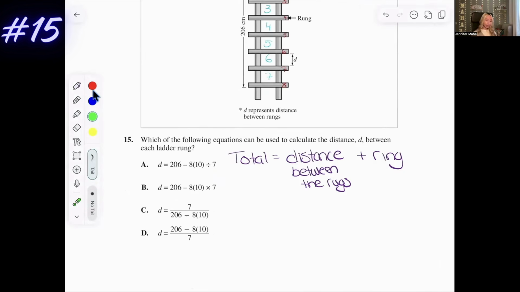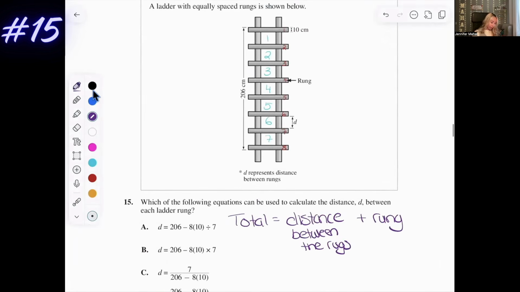So what I did is I said, okay, well, the total distance in the ladder is represented by the distance between the rungs plus the rungs. So this entire distance here, the 206, is made by adding up all these spaces together, which is the distance between the rungs and the rungs themselves, the ones that I numbered here.